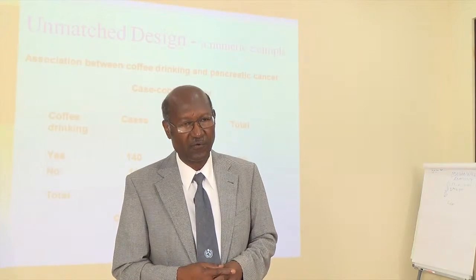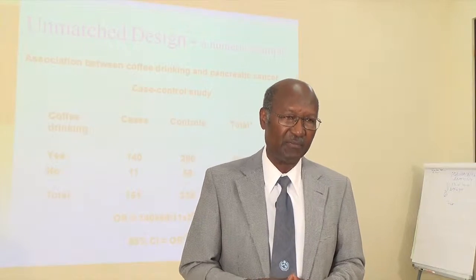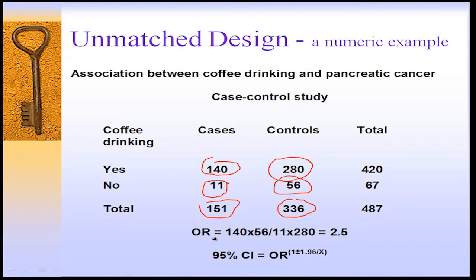The odds ratio, therefore, can be calculated by the cross product of 140 times 56 divided by 11 times 280, which gives you 2.5.